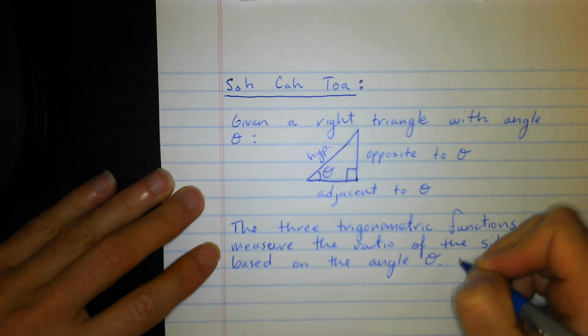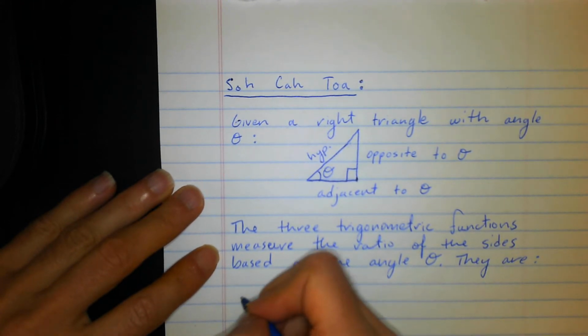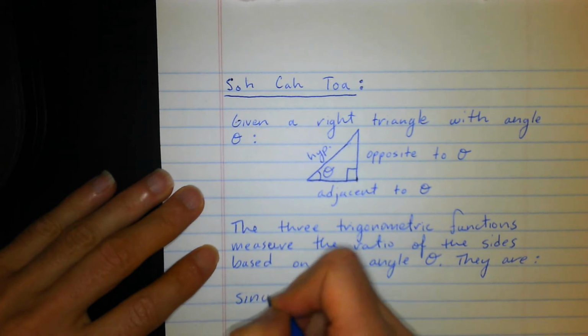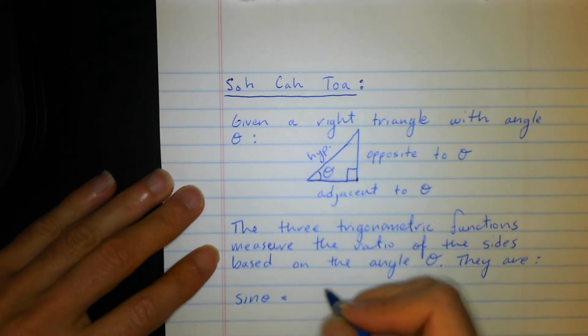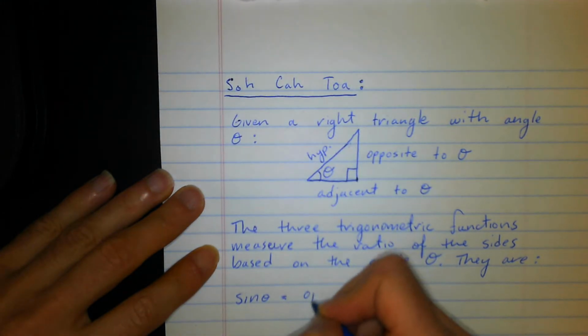And they are: sine of theta is equal to opposite over hypotenuse.